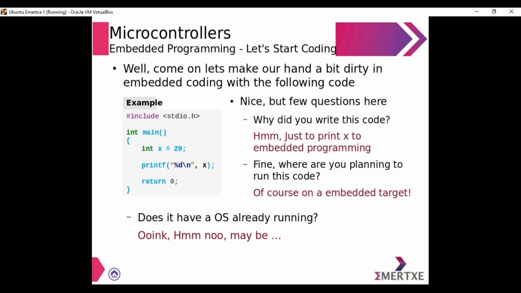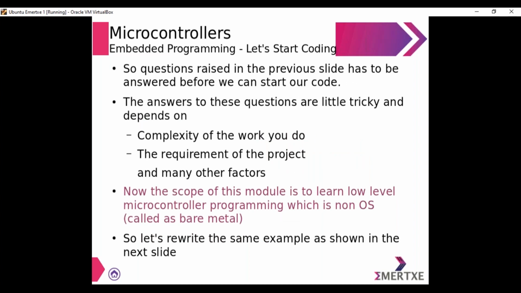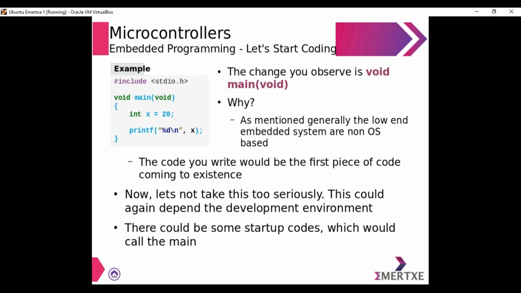Let us start. This is the program we wrote. Does it have an operating system already running? The scope of this module is to learn low-level microcontroller programming, which is non-OS based, called bare metal programming. So the input is void, and the output of the main function is also void.